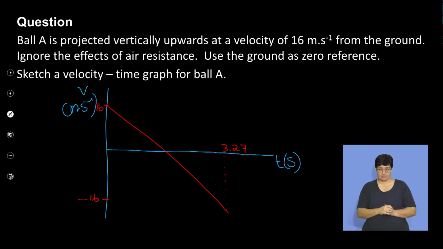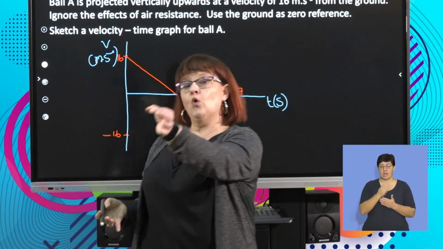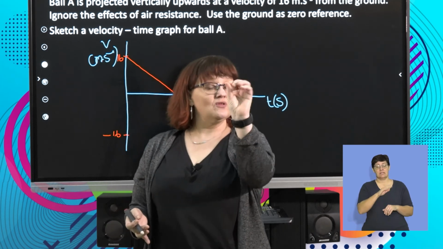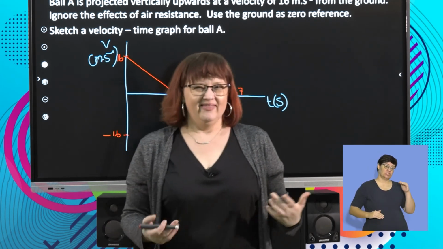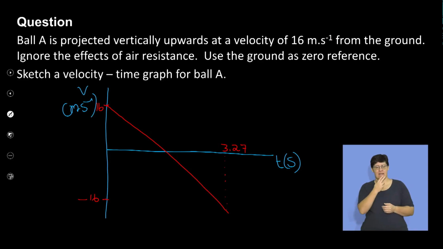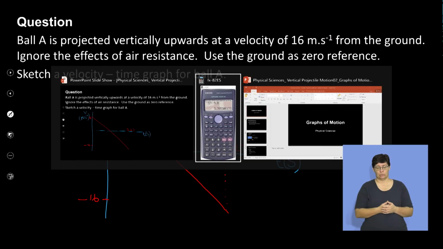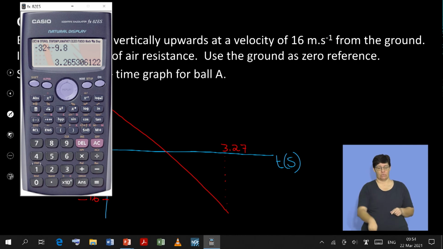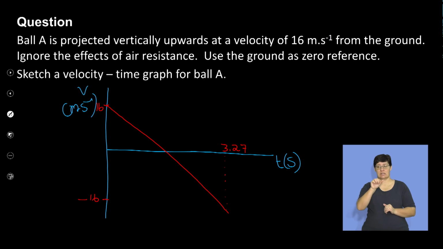What I could have also asked you is, what is the time it takes to get to the top of its motion? That's quite nice, because now I'm going to take 3,27 and divide by 2, because it's the same time up as down. So I'm not using the whole decimal, because I've now rounded it off. So 3.27 divided by 2, and I get 1,635.